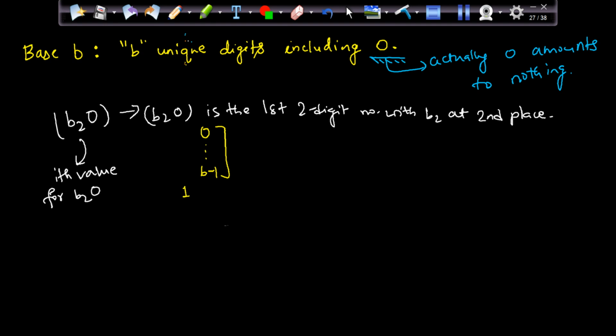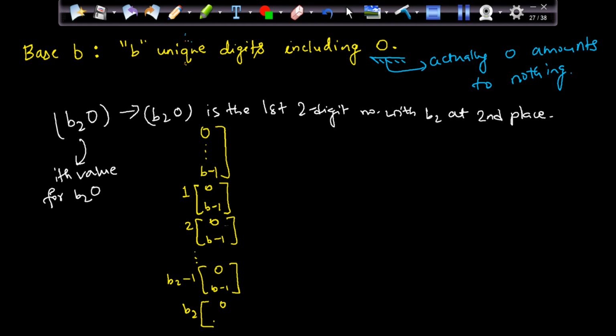With 1 you will have 0 to b minus 1, with 2 you will have 0 to b minus 1, and so on. With b2 minus 1 you will go from 0 to b minus 1, and then you will get the first element b2 at the second place, and it will go from 0 to b minus 1, and this is your number, b2 0 in base b.